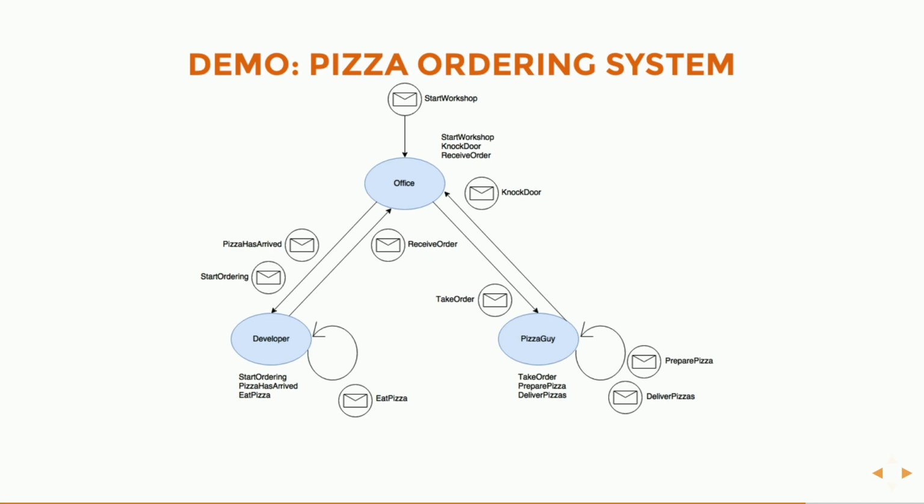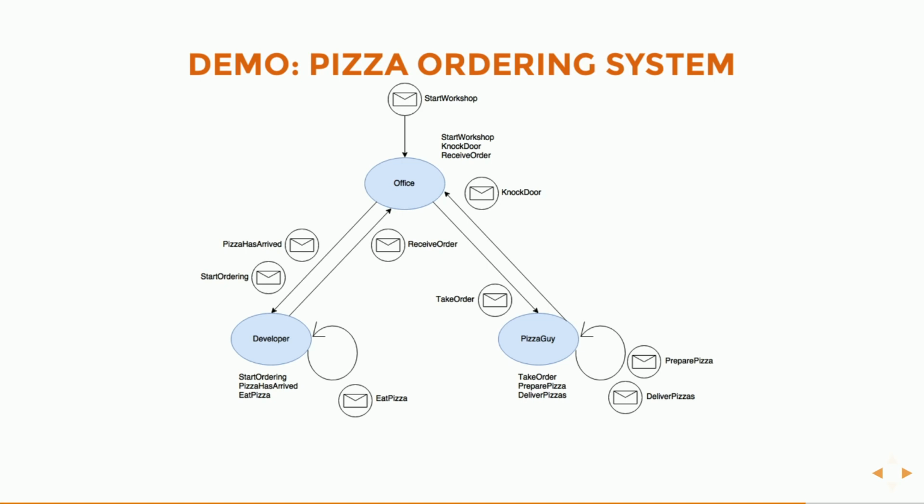So what we have right here is our office actor that defines three different messages. I know it might be a bit small, but I will just read it out loud. We have the start workshop message, the knock door message, the receive message, and that's it. In order to start up the workshop simulation, the start workshop message will be sent to the office when bootstrapping the system.